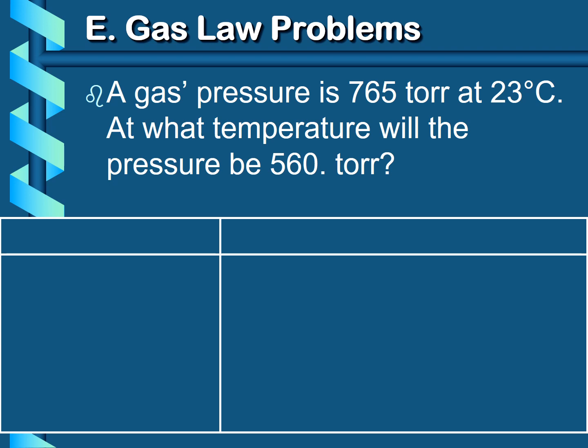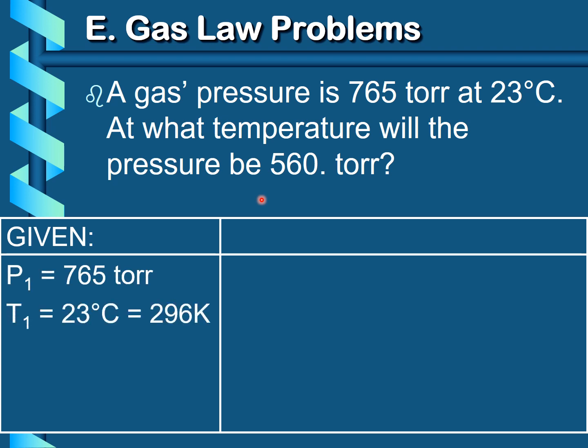Another problem, a gas pressure is 765 torr at 23 degrees Celsius. At what temperature will the pressure be 560 torr? Okay, so we are asked to compute for T2, with the given pressure 1 equal to 765 torr and T1 equal to 23 degrees Celsius or 296 Kelvin, and we are given a final condition of 560 torr, the pressure is decreased.